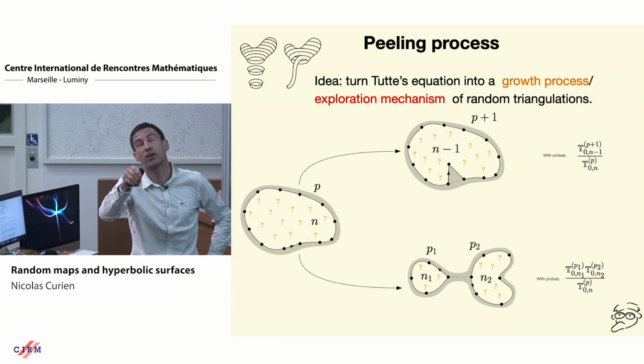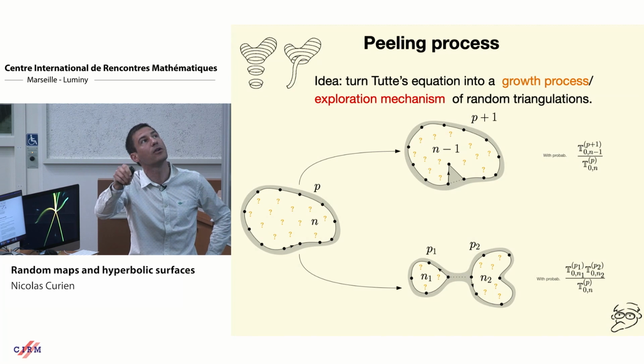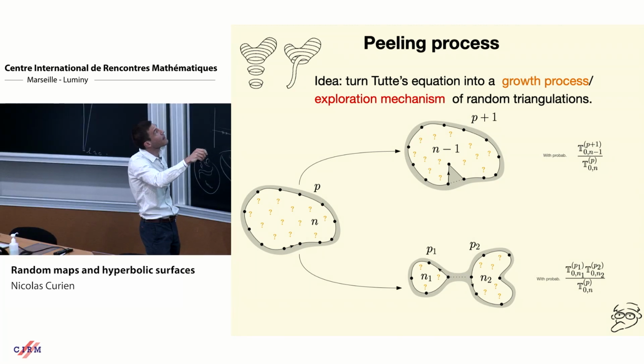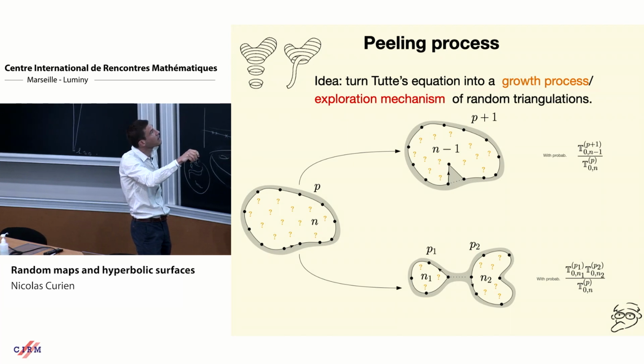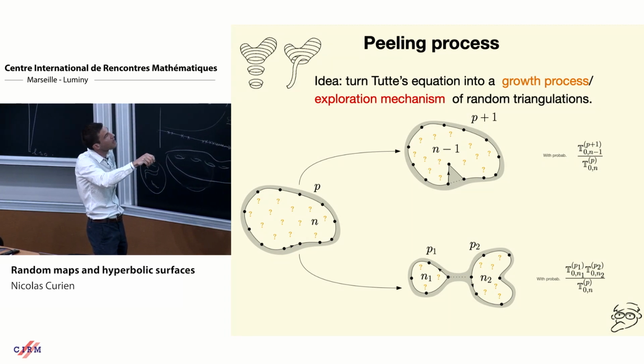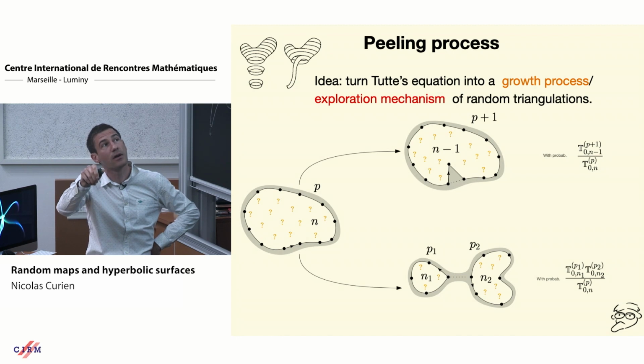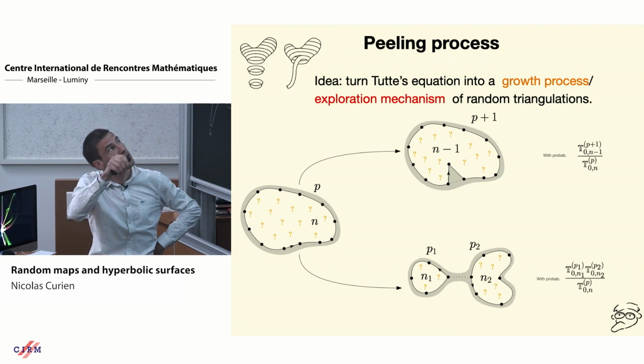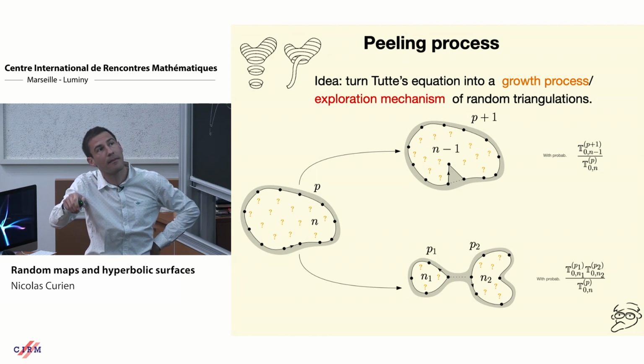Either I discover a triangle and I have a random uniform triangulation here with the proper constraint, and this happens with probability which is just the ratio of the numbers that we were computing. Otherwise, I discover that this edge separates the map into two parts, n1, n2, p1, p2, which are random numbers, and this splitting event happens with some probability.